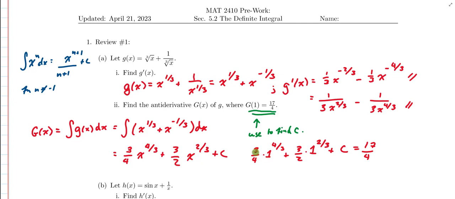Cleaning things up, I've got 3/4 plus 3/2. That's a total of 9/4 plus c has to equal 17/4. And so we find that c, in this case, would be 8/4 or 2.